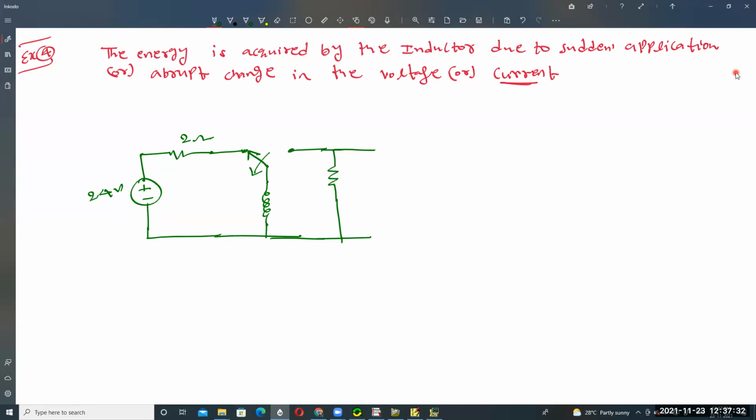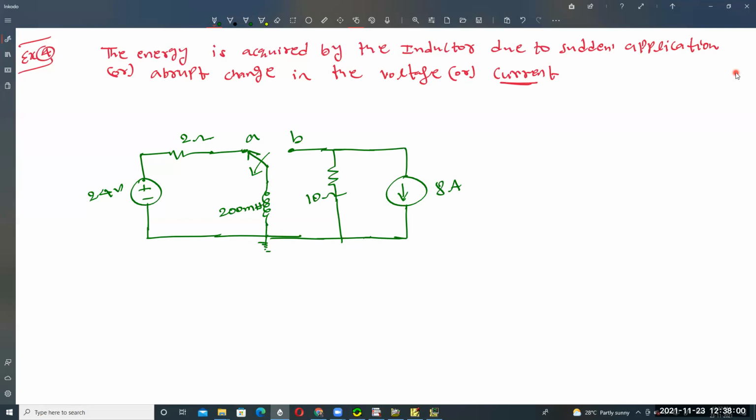And one current source is connected like this, 8 amps. The resistance is 10 ohm, the inductance is 200 millihenry, and the switch has position A and position B. This is ground. Okay, this is the circuit.